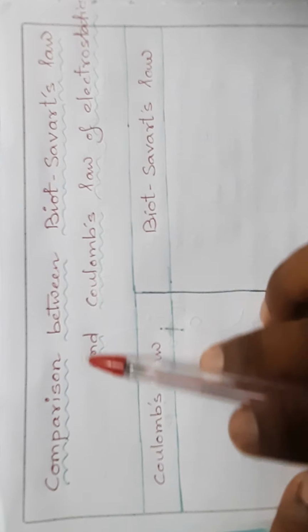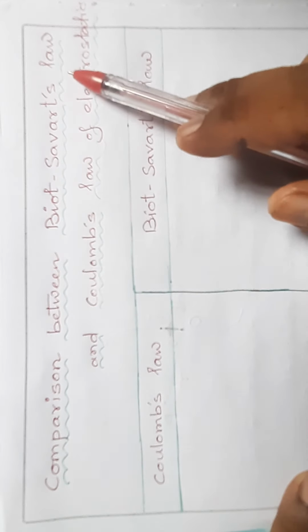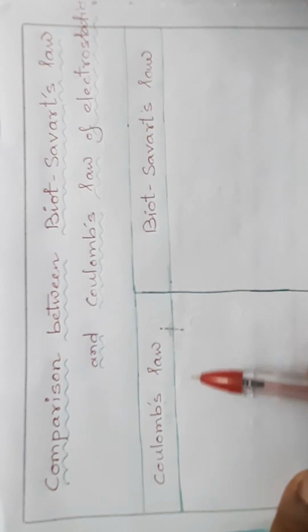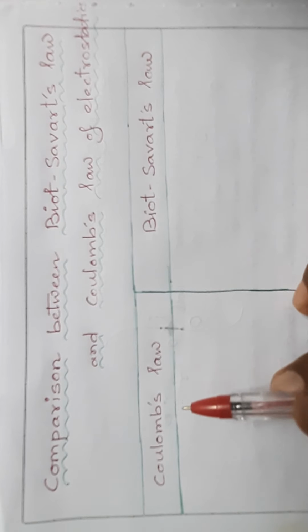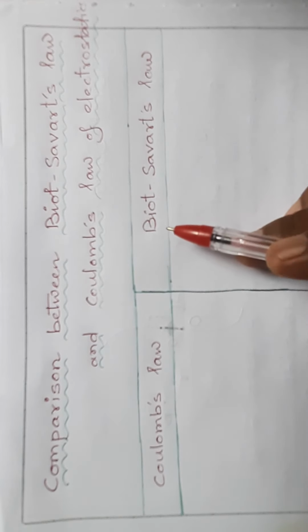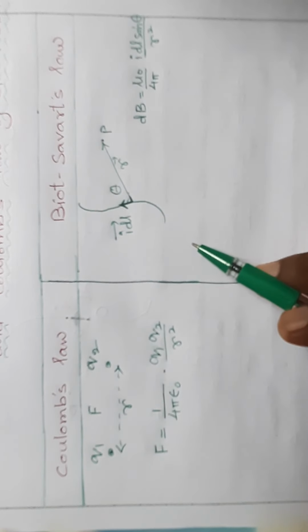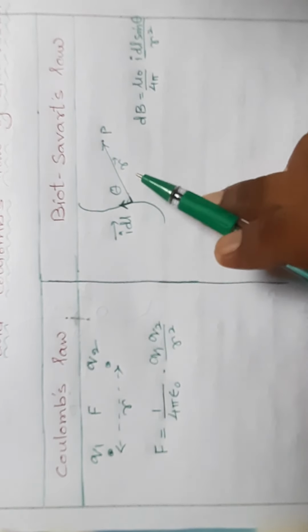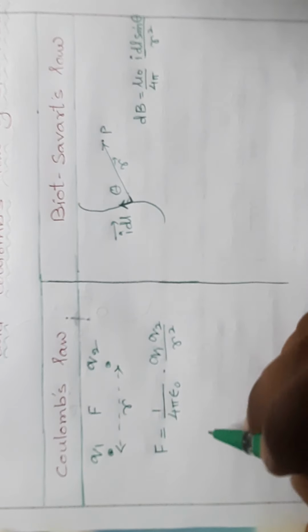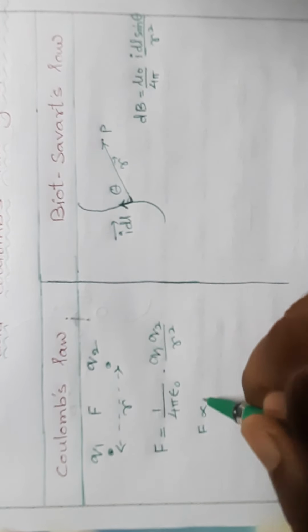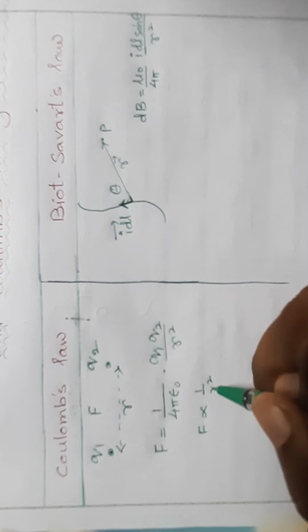Now, comparison between Biot-Savart's law and Coulomb's law of electrostatics. First, the similarities. The first similarity between Coulomb's law and Biot-Savart's law: you see F is inversely proportional to r square, so it depends on distance, a long range force.